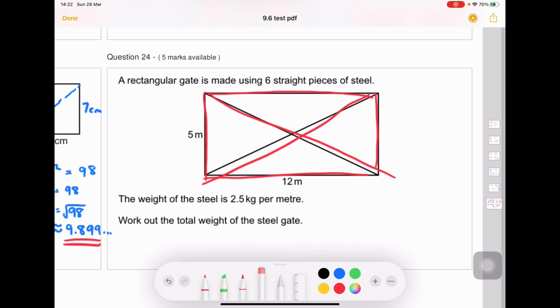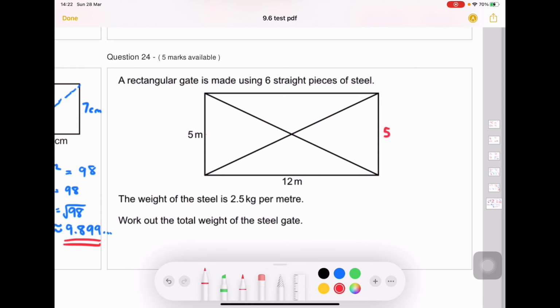So those are the 6 pieces of steel. The weight of the steel is 2.5 kg per meter. Work out the total weight of the steel gate. Okay, so we need to work out the perimeter of the rectangle.